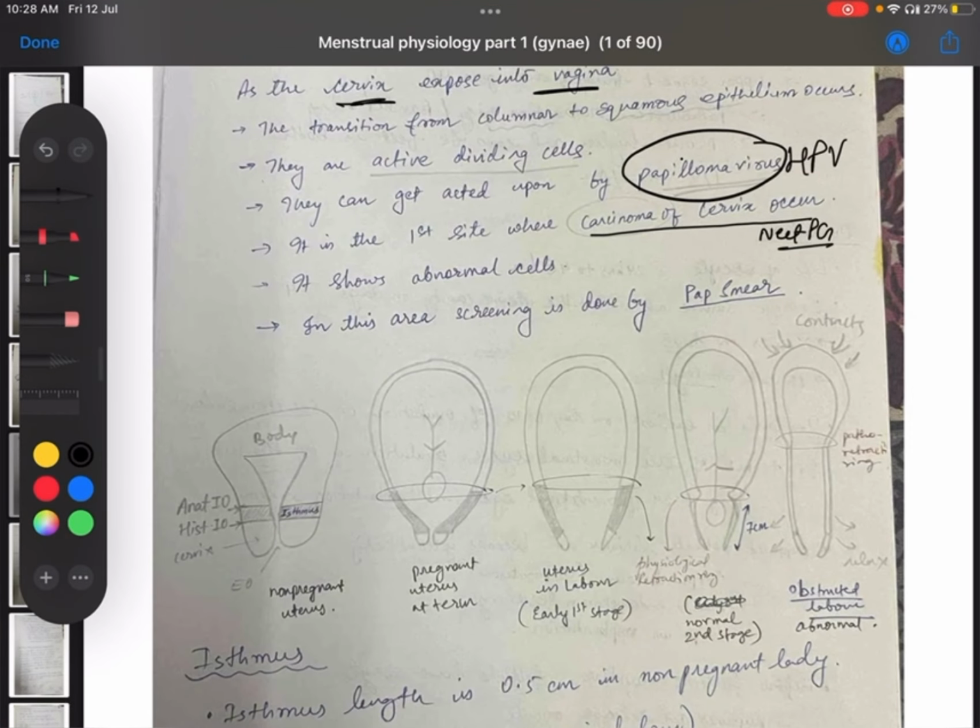It shows abnormal cells. In this area, screening is done by pap smear. With a pap smear, you can come to know that human papillomavirus has been attacking there.